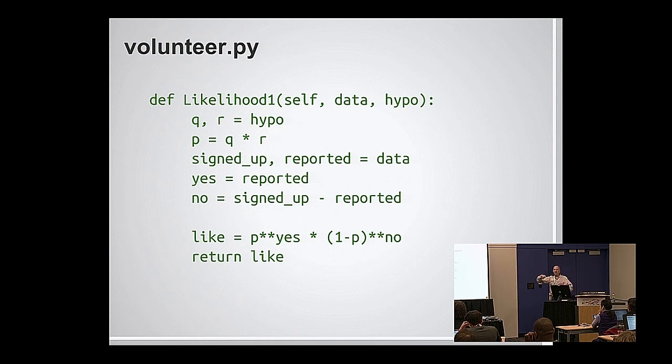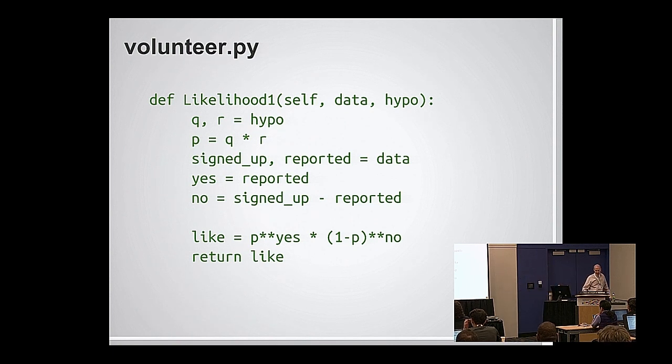This is, if you only tell me how many people signed up and how many reported back, then I'm going to loop through all the QR pairs, and for each one, compute that thing, which again should look familiar. So this is going to loop through Q and R for each pair. I get P, and that's my update.